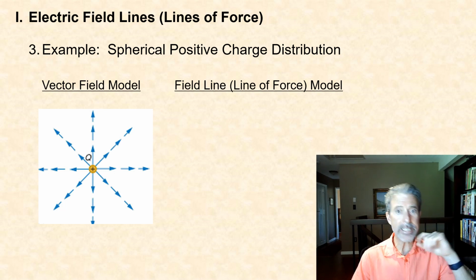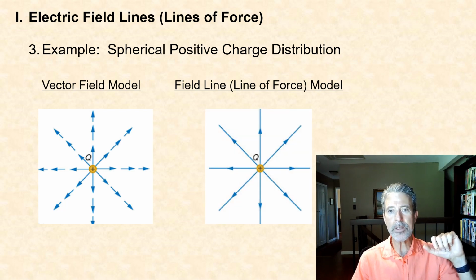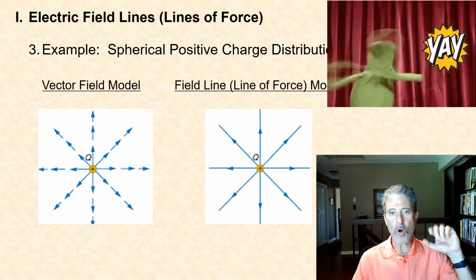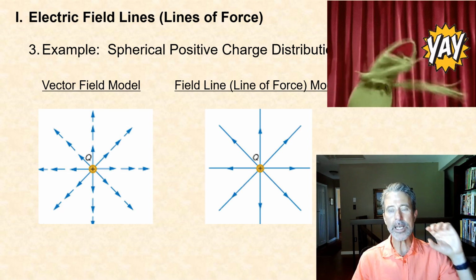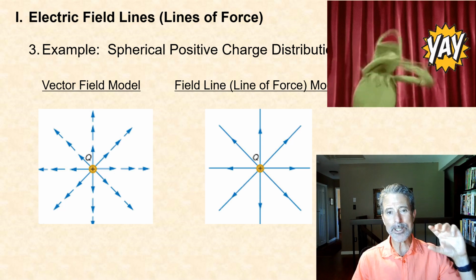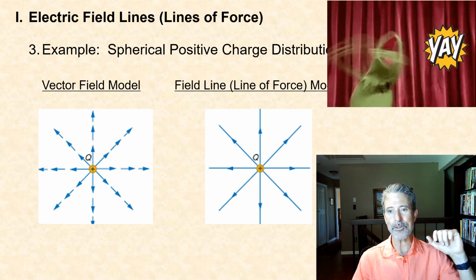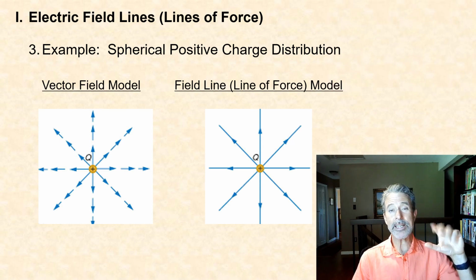We produced the electric field line model, the line of force model, simply by drawing the continuous curves connecting the various field vectors. You can see how much less time it takes to draw the field lines versus the field vectors. In the next slide, we'll see how we can get the same information from the field line model that we can get from the vector field model.